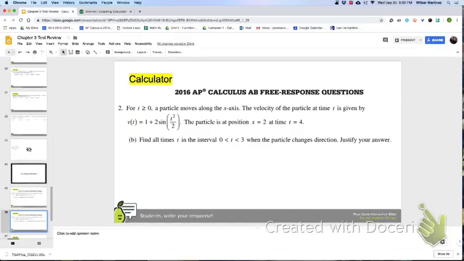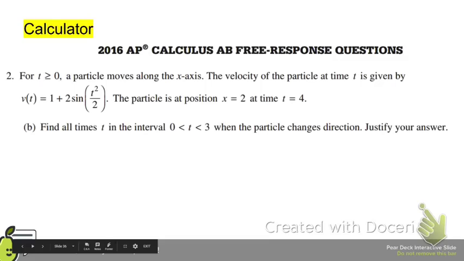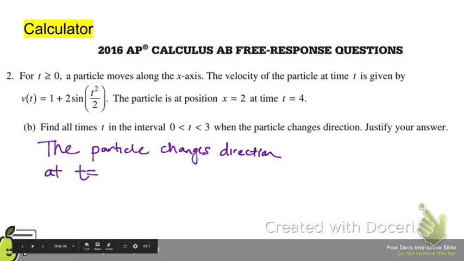All right, so we come back over here, and now it's time to justify. It says, find all times t in the interval when the particle changes direction and justify your answer. We're going to say, the particle changes direction, and I always want you guys to answer these questions with full, complete sentences. The particle changes direction at t equals, what did I say, 2.707.